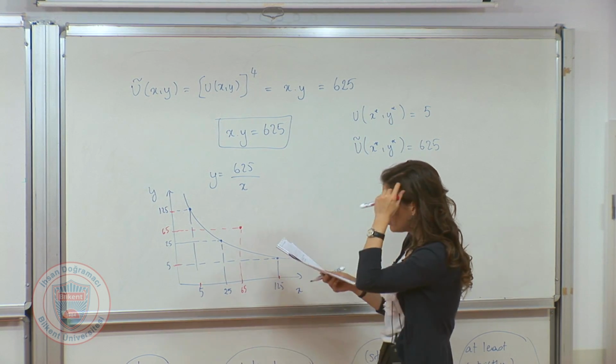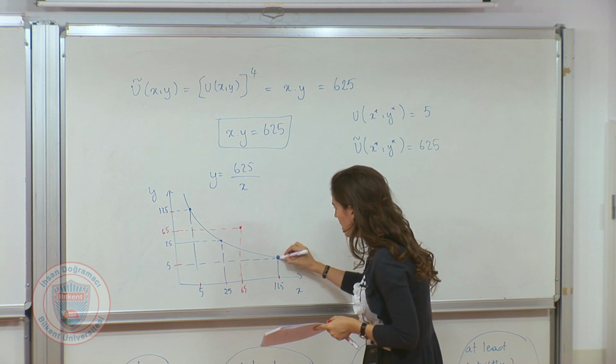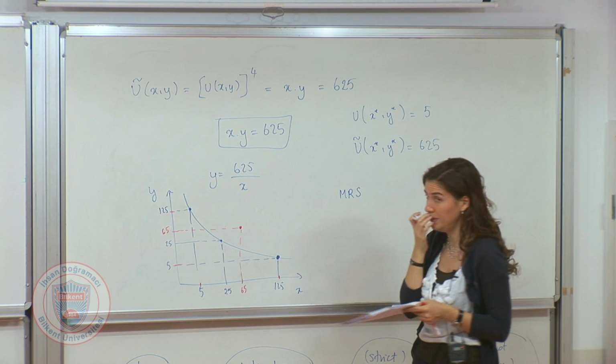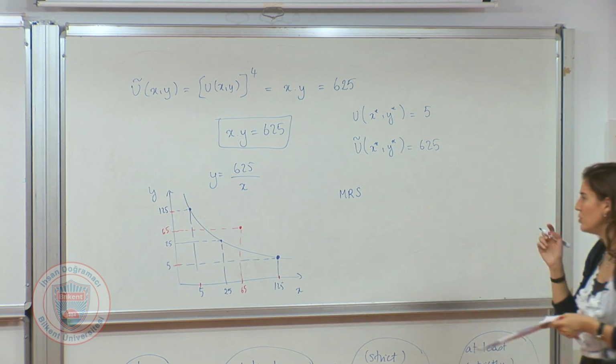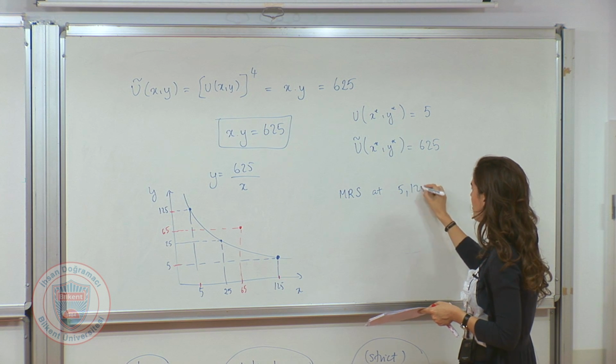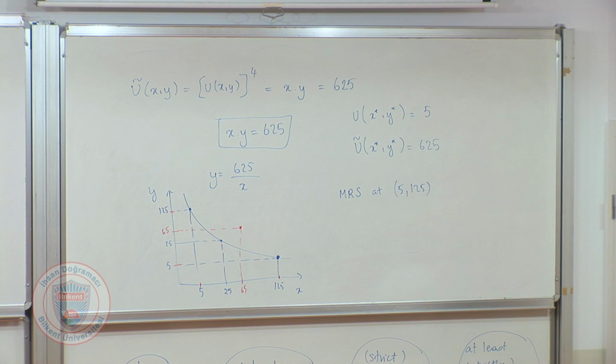So let me try to compute, for instance, the marginal rate of substitution. So the marginal rate of substitution at, okay, so let's have 125. What is this? If I want to calculate the marginal rate of substitution, what should I do?